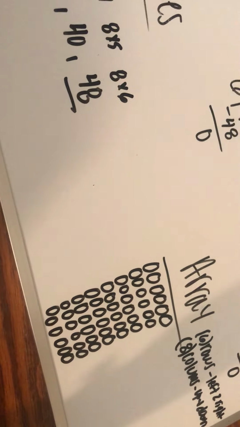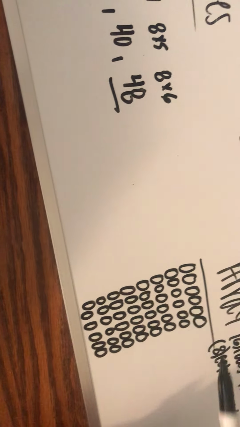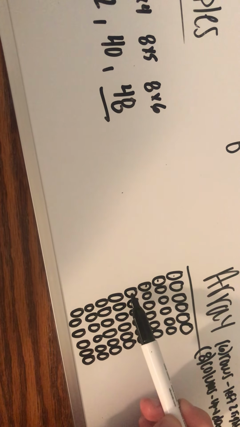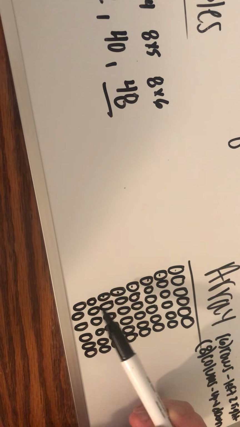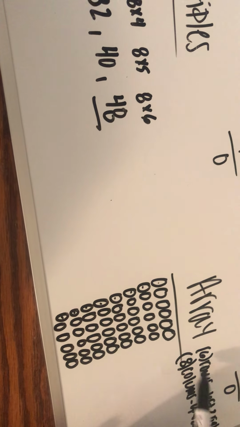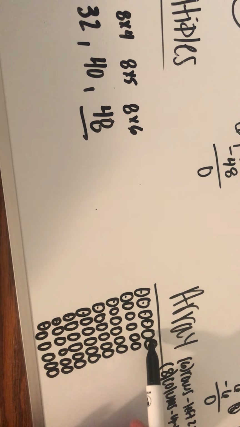So if I look at my array, if I was to go back and make sure I have everything, I need to make sure I have 8 columns and 6 rows. If I look at my columns, I have 1, 2, 3, 4, 5, 6, 7, 8. Now I need to make sure I have 6 rows. Ready? 1, 2, 3, 4, 5, 6. Perfect.